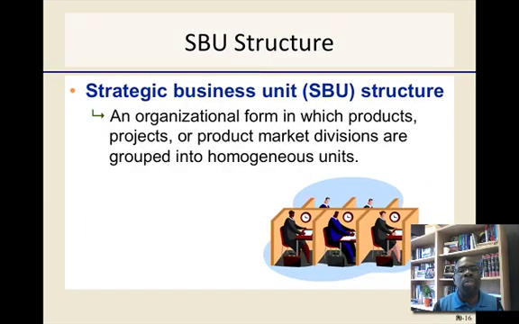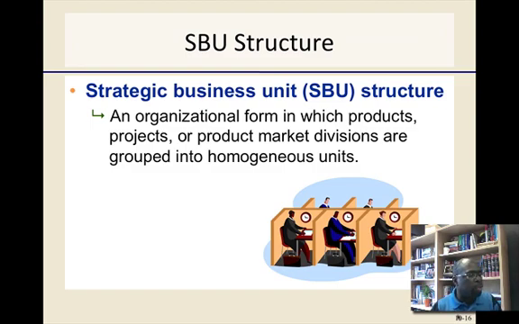Now, the strategic business unit structure is an organizational form in which projects and product market divisions are grouped into homogeneous units. So you have a situation where organizations are grouped into homogeneous units in such a way that they can easily work together.